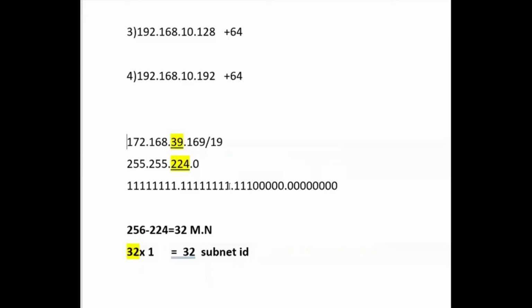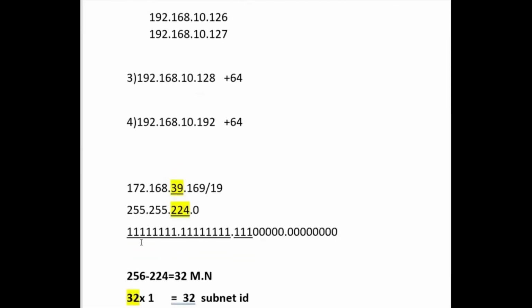This part we call the network bits, and this 3 is called the subnet bits. So here 16 bits are network bits, 3 bits are subnet bits, and how many host bits do you have? 5 plus 8 is 13 host bits.